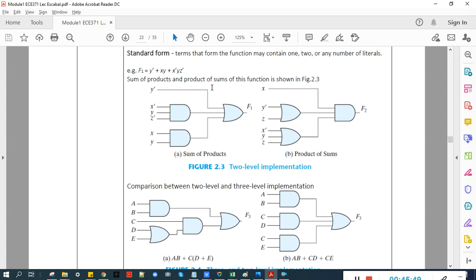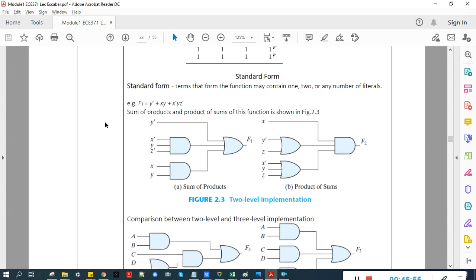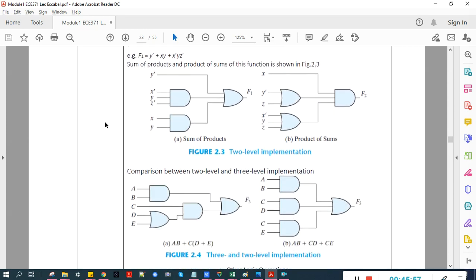Sum of products and product of sums of this function is shown in figure 2.3. If we say sum of products, we are using OR operation on top of AND operation. So the final operation is using an OR gate.